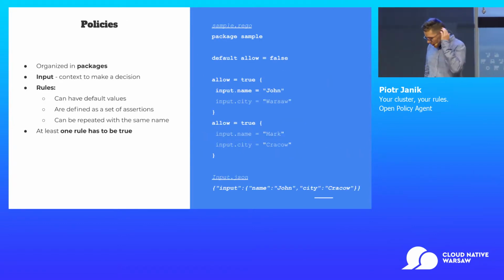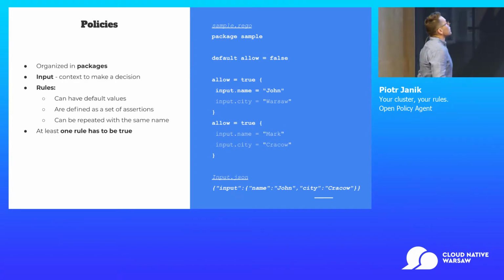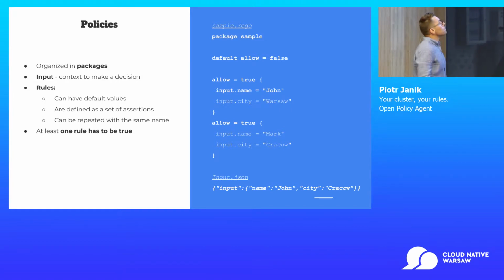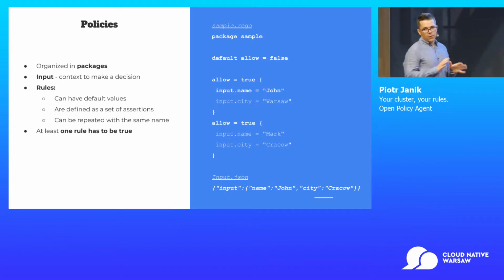So this is a policy on the right side. You see that there is a package, so every rule is contained in a namespace. This policy is a trivial one.